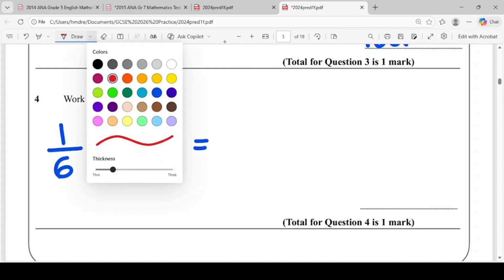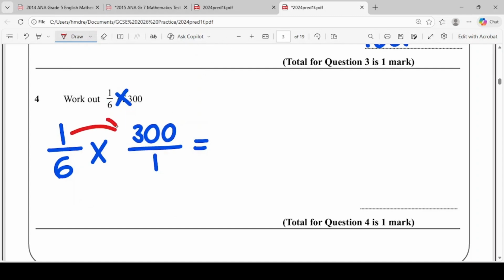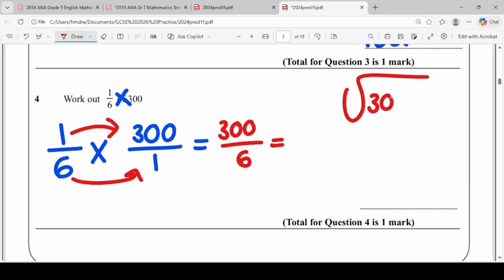I'll show you 2 methods to do this one. So we would go top times top. So 1 times 300 is 300 on the top. Bottom is 6 times 1, so 6 on the bottom. And then this is 300 divided by 6, which you can do your method for. So how many times does 6 go into 3?